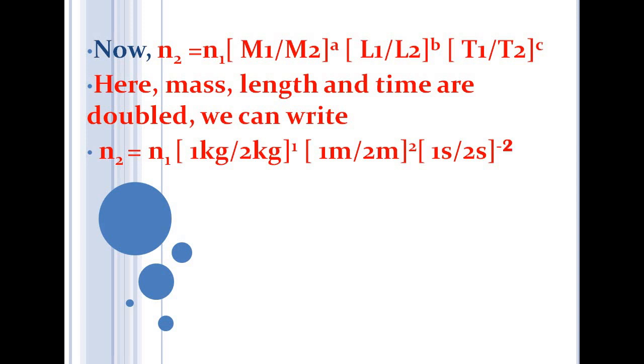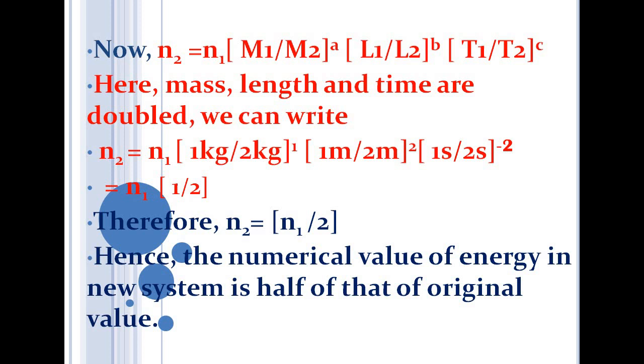Now cancel the kg, that is 1 by 2 power 1. Cancel the meter, that is 1 by 2 power 2. Cancel the second, that is 1 by 2 power -2. 1 by 2 power -2 and 1 by 2 power 2, these two terms are cancelled. Only 1 by 2 is left, so n2 equals half of n1.